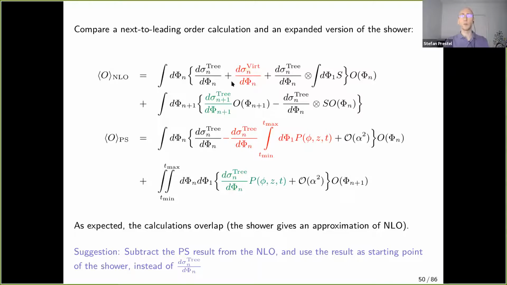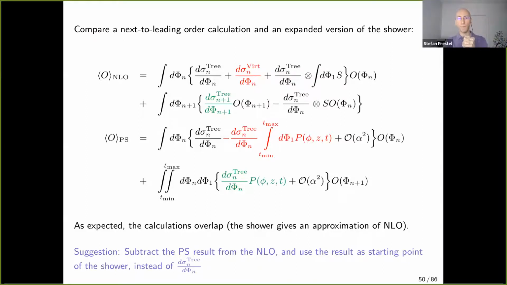We needed to include real emission corrections, and we needed to make sure that the integrals that we do are finite for the particular observables that we're interested in, called infrared safe observables. And we did that by subtracting its singularities from the real emission integral and adding them back into the virtual corrections in order to make sure that we've only added a zero.